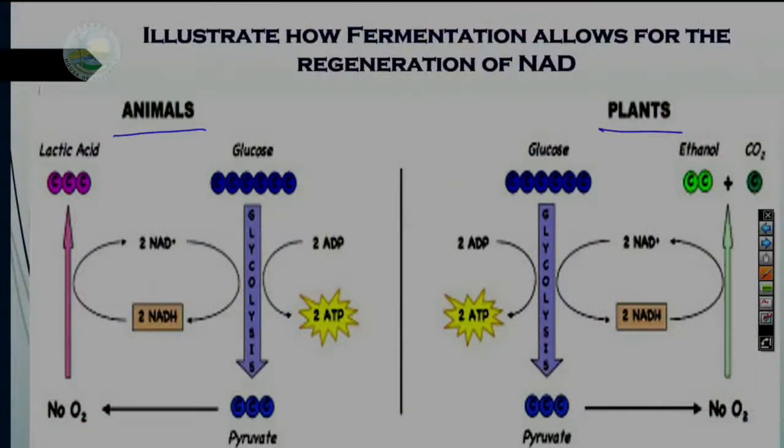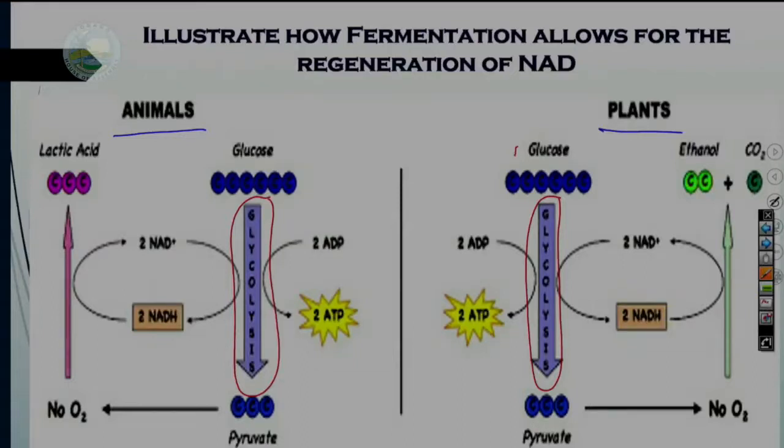In plants and in animals, we have anaerobic respiration taking place. And here we can see a common process of glycolysis occurring, whether it's aerobic or anaerobic respiration. Remember, you have one glucose molecule being used, and we are producing 2 3-carbon molecules.